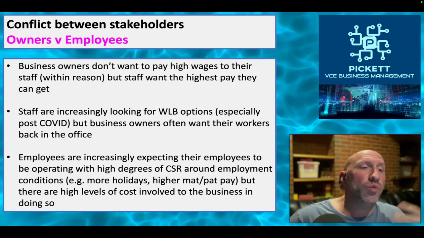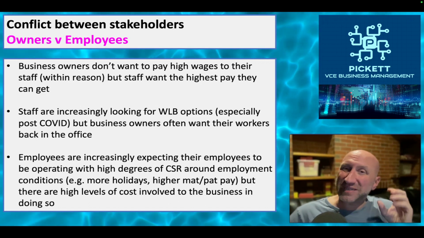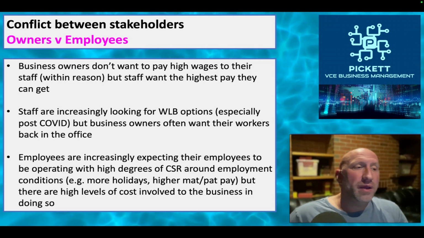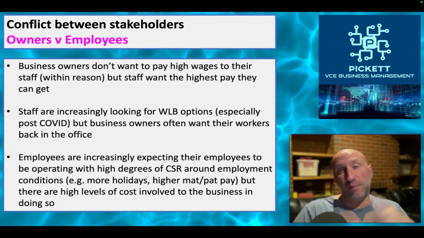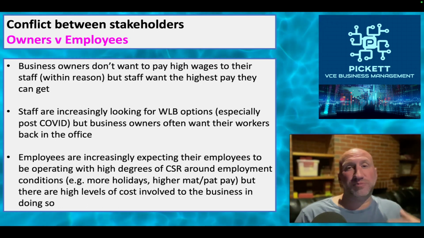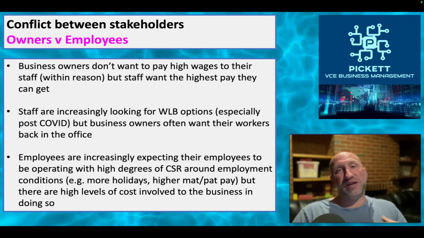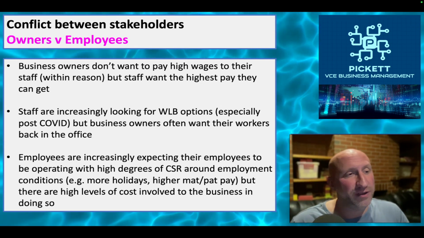Staff are increasingly looking for work-life balance options, WLB, particularly post-COVID now. But business owners, and this is becoming a real issue in the business world, now really want their workers back in the office. There's a real push for business owners and managers to get their teams back in the office.